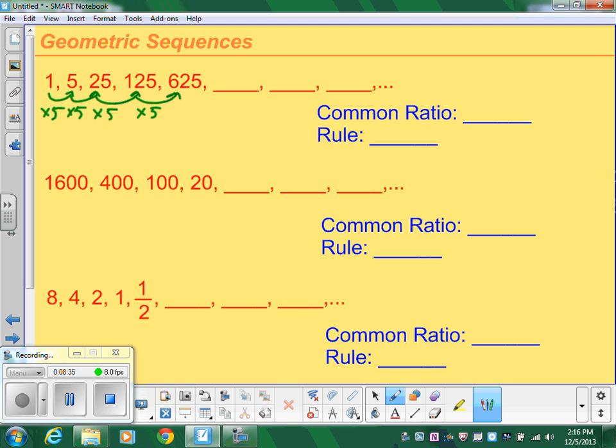So if we wish to continue the rest of this sequence, we'll continue to multiply by 5, giving us 3,125 for the next term, followed by 15,625, followed by another large number of 78,125. Which means in this case, our common ratio is 5.